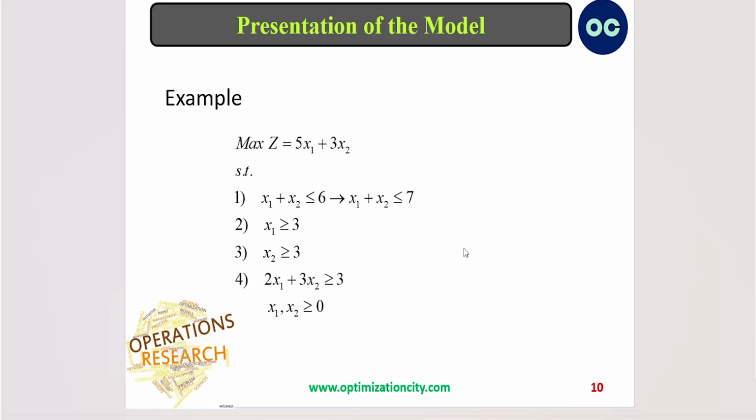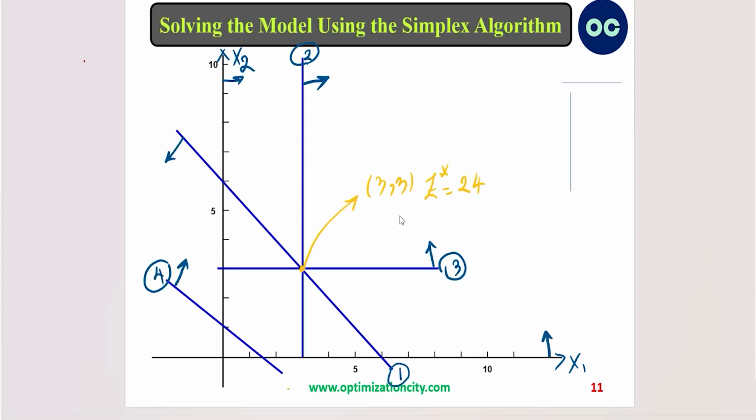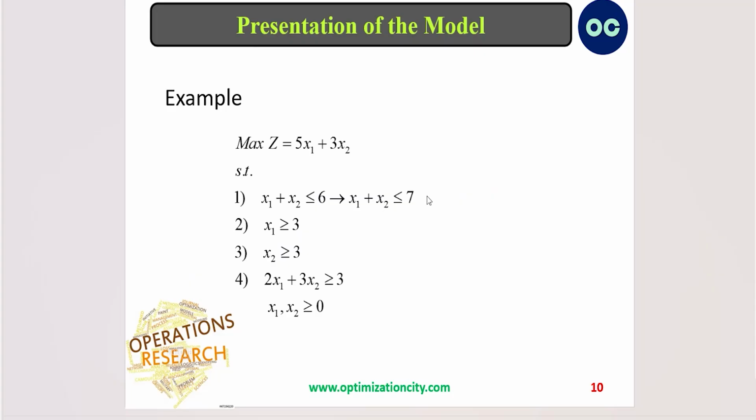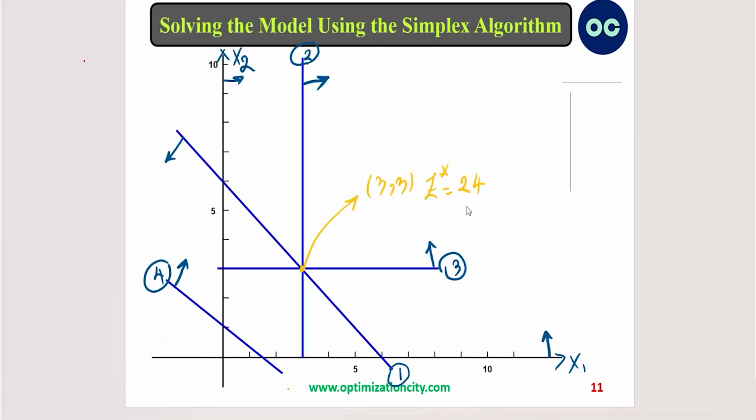Now we modify the first constraint to x1 plus x2 is less than 7. In the new plot, the first constraint is drawn using 2 points, 7, 0, and 0, 7.